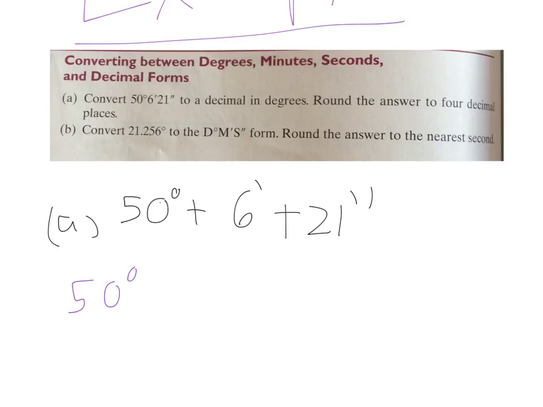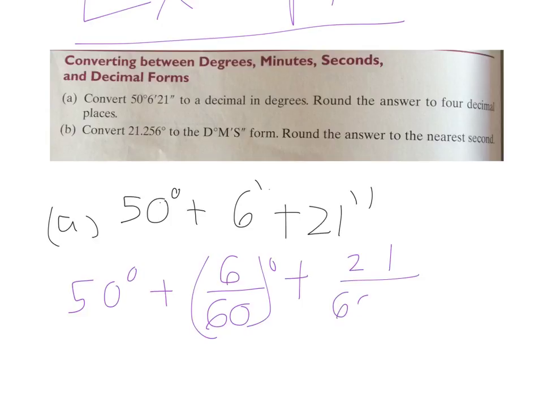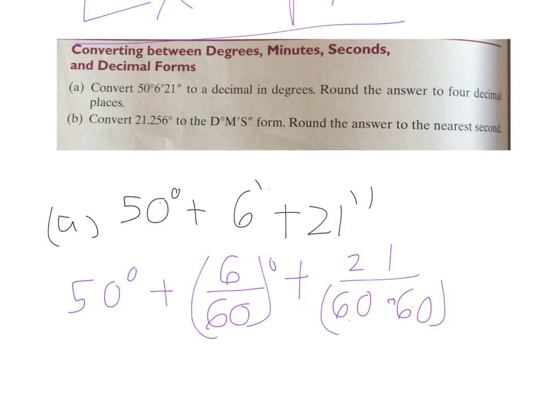We know there are 60 minutes in a degree, so we can divide the 6 minutes by the 60 minutes in a degree. And the 21 seconds. We know there are 60 seconds in 1 minute times 60 minutes in a degree. So we can multiply 60 by 60 to get the number of seconds in a degree.